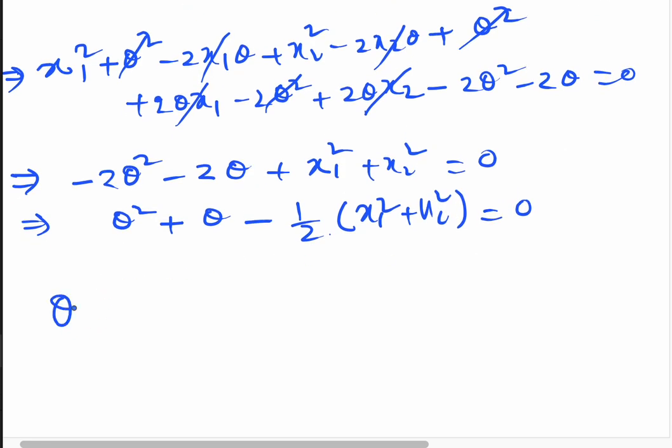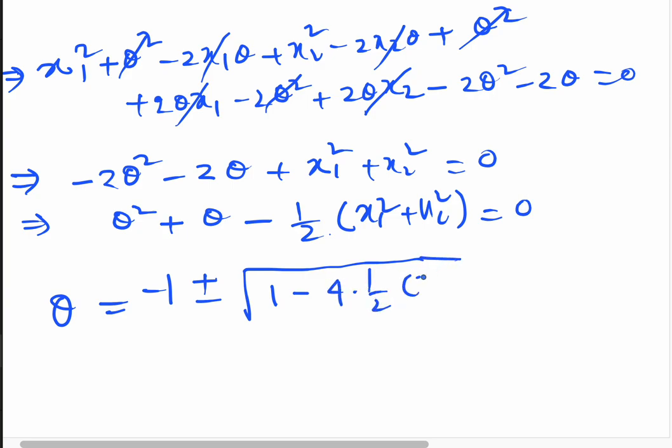Now theta will be minus 1 plus or minus root over b square minus 4ac, so 4 into half of x1 square plus x2 square by 2.